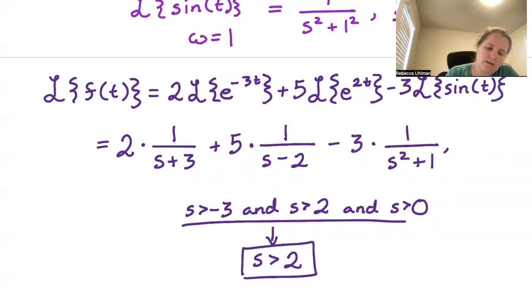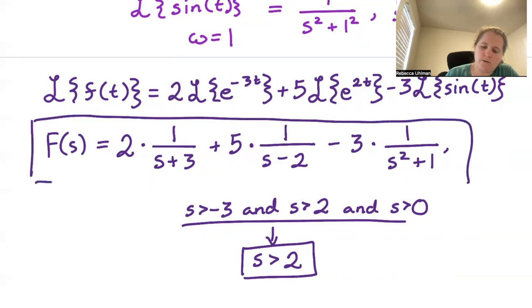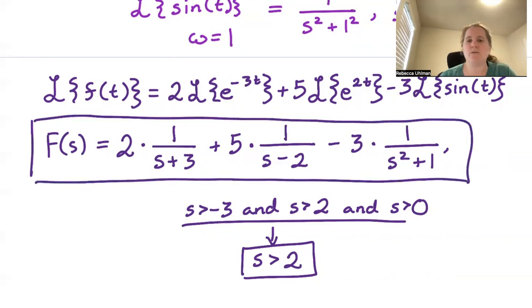So we get our Laplace transform, capital F of s, equal to 2 times 1 over s plus 3 plus 5 times 1 over s minus 2 minus 3 times 1 over s squared plus 1. So this is another trick: how we can break up our functions and take individual little pieces of the Laplace transform using that table of Laplace transforms.